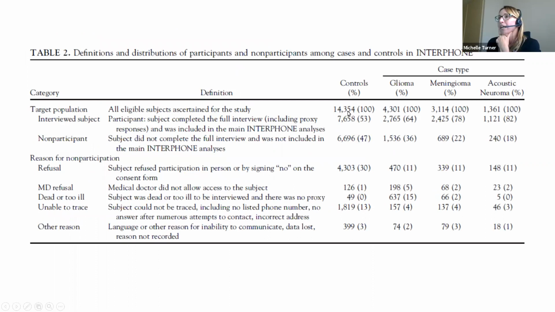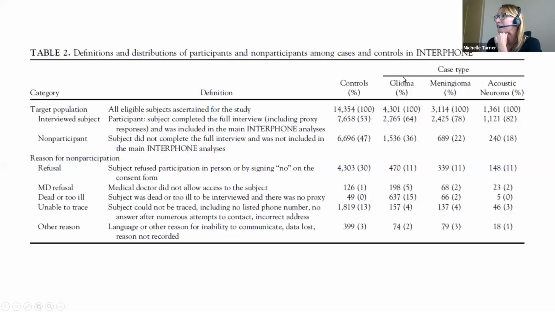Here, these were the total number of controls, all of the eligible controls for the study. About 53% of them participated, and 47% of them did not participate. And these are the reasons for non-participation.